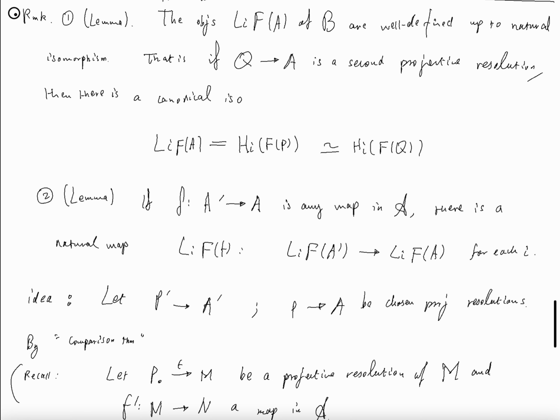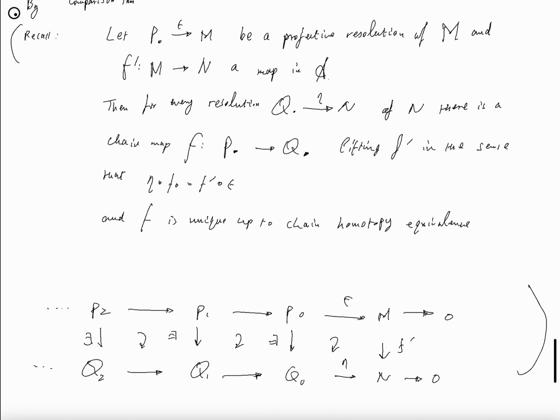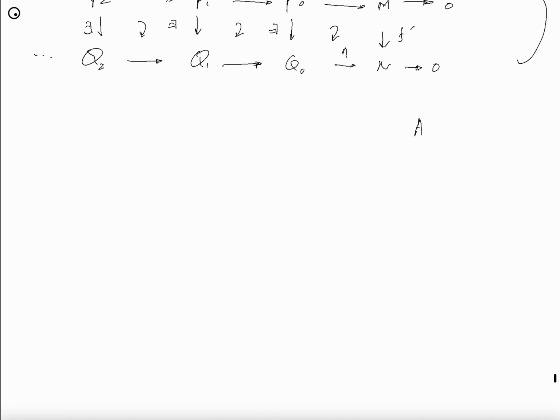So let's go back here. Suppose you have a given map in the category A prime to A, and then take respectively two projective resolutions. Because you already have this F from A prime to A, by this comparison theorem, this could be lifted to a map between projective resolutions.